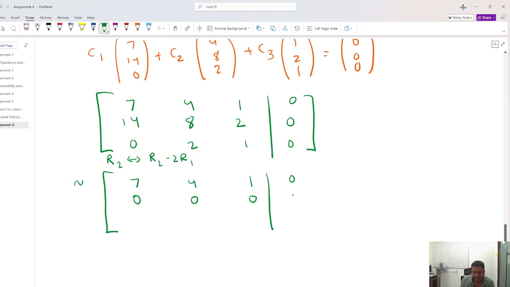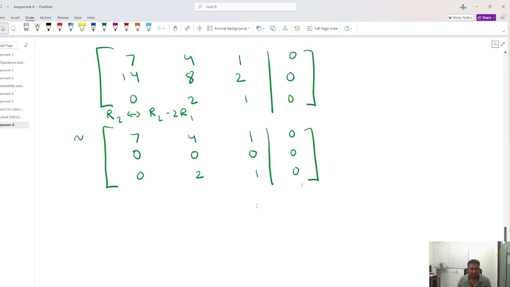And this is anyway 0. And here nothing we are doing. Okay. That's what you have, right? So this is your first pivotal element and this is now your second pivotal element because you have one row that is 0.